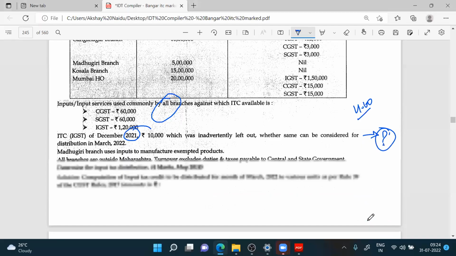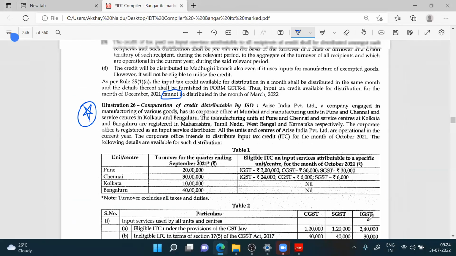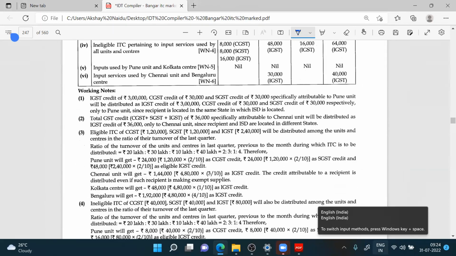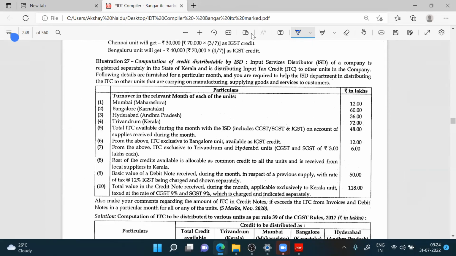Okay, Madhuri? Yes, ma'am. Now, those who have done this question can move to the next one. Move directly to 27. 26 will be your homework.